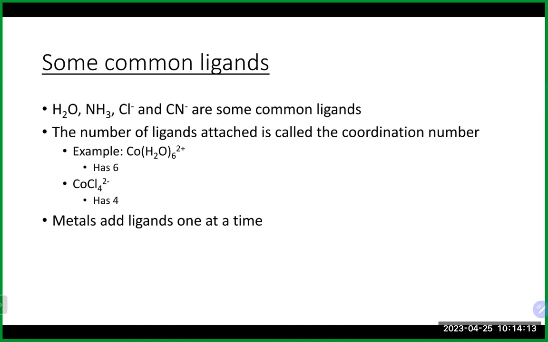In order for you to become negatively charged, you had to gain some electrons. So things like Cl-, CN-, things with negative charges, usually means that they've gained some electrons. Also, polar molecules that have non-bonding electrons are good ligands. So things like water, which has non-bonding electrons on the oxygen, and NH3, which is polar and has the non-bonding electrons on the nitrogen, are also really good ligands.